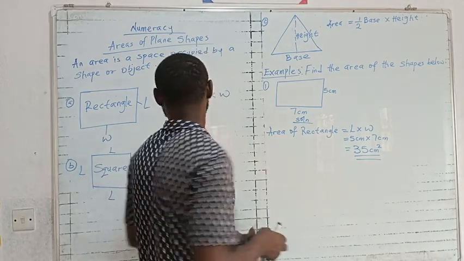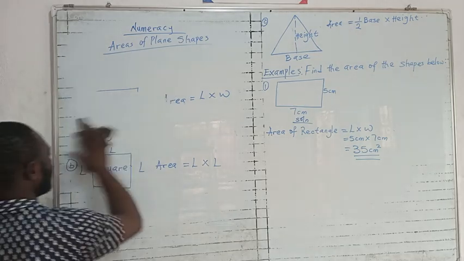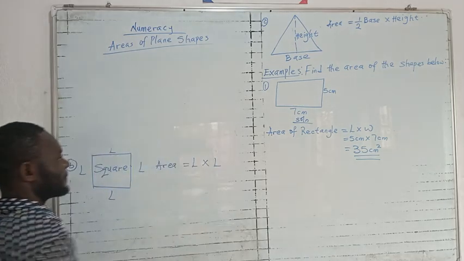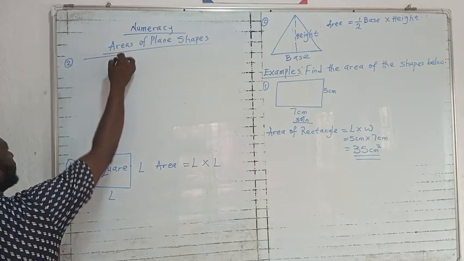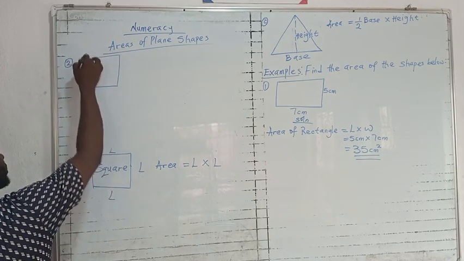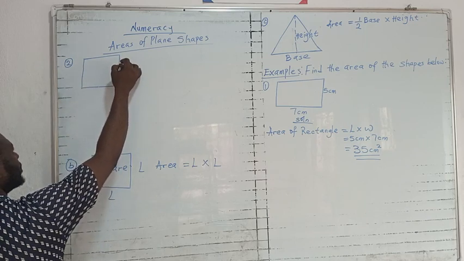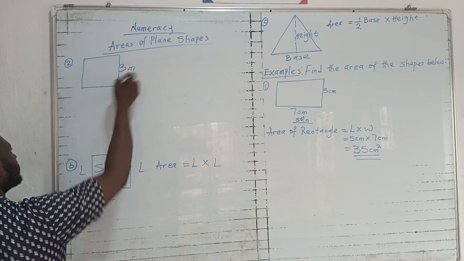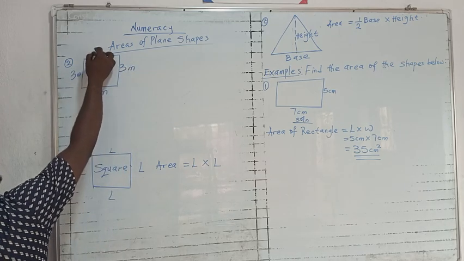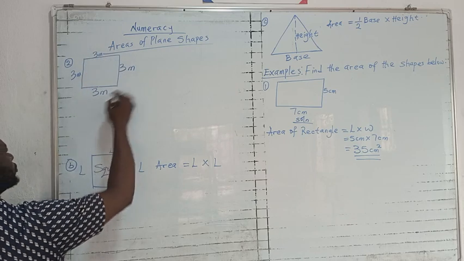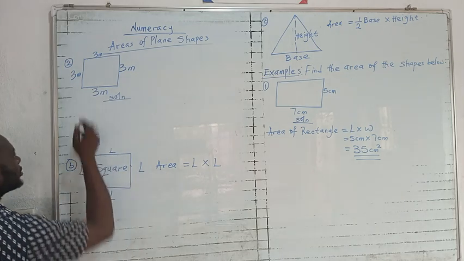Okay, let's solve another example. Example 2. Here we have, let this be a square. Let's say this part of the square is 3 meters, meaning that here will be 3 meters, here will be 3 meters, here will be 3 meters. So solution. What's the formula?